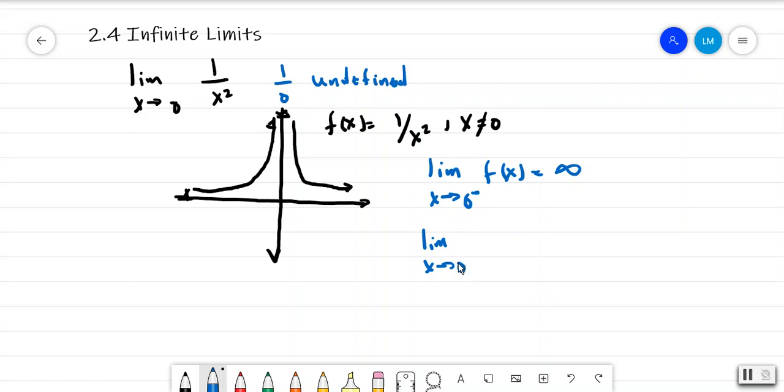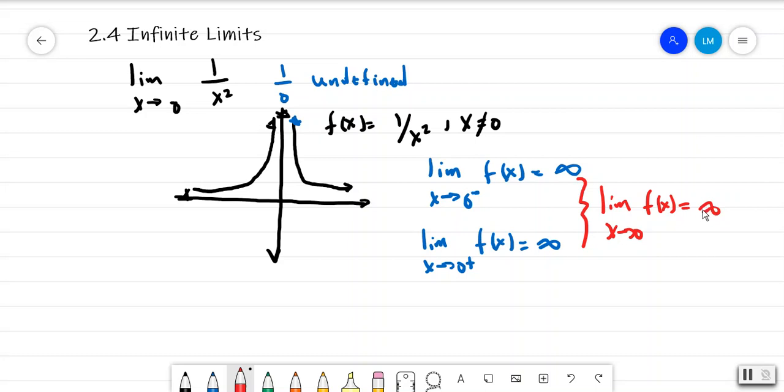Similarly, if I look at the right-hand side of f of x at 0, it's approaching positive values too, so that's going to be infinity as well. Together, because they're both positive infinity, that gives us that the limit as x approaches 0 of f of x is infinity.